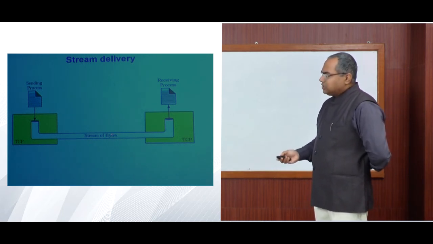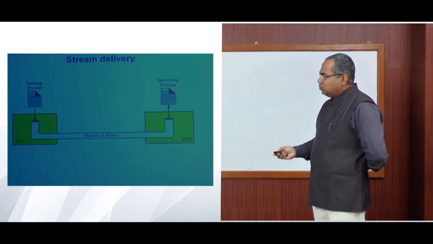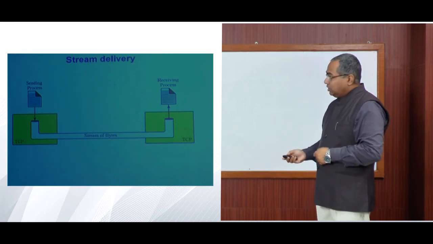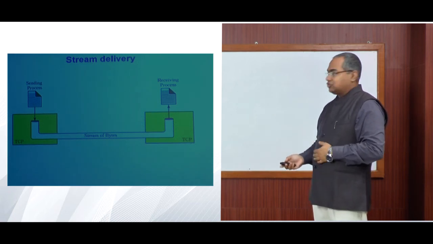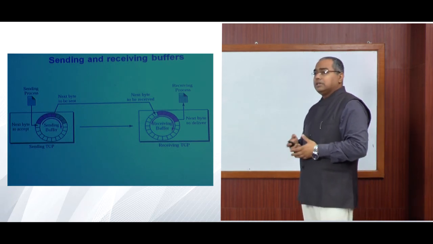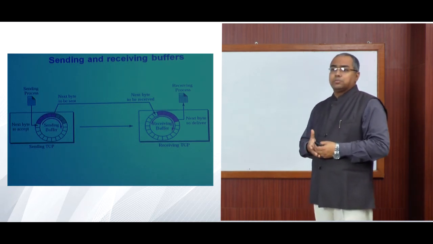Now, just now we talked about these two being thousands of kilometers apart, or can be a few meters apart also. How does it implement the stream? TCP is a full duplex protocol.